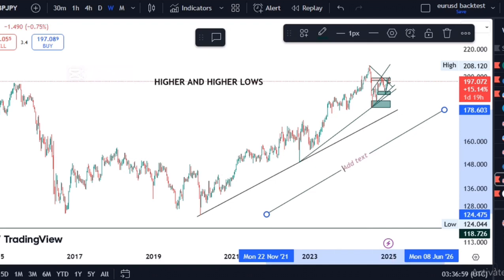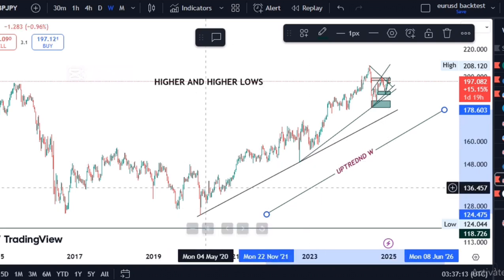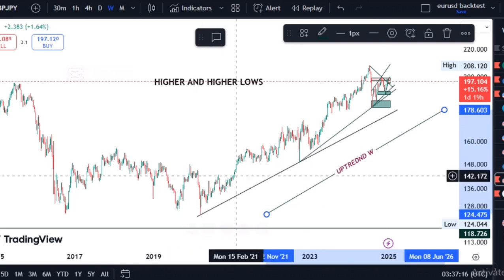This is the trend of the market. This is an uptrend from the weekly time frame.